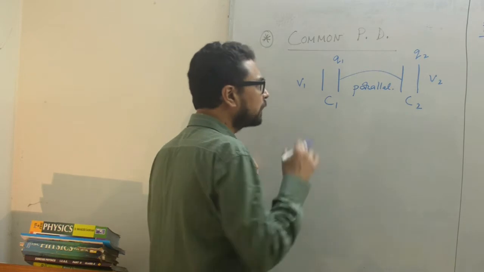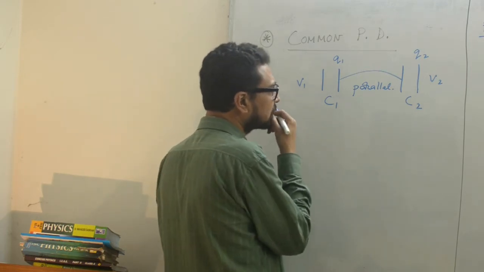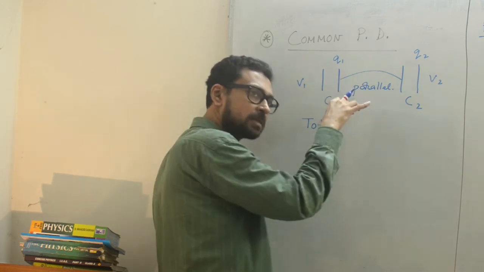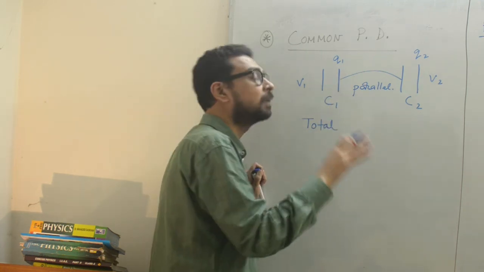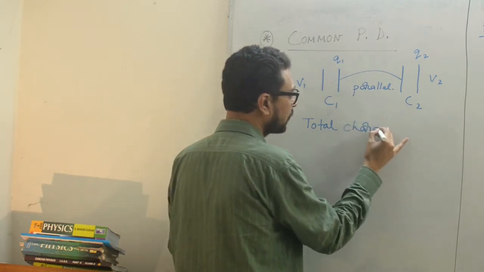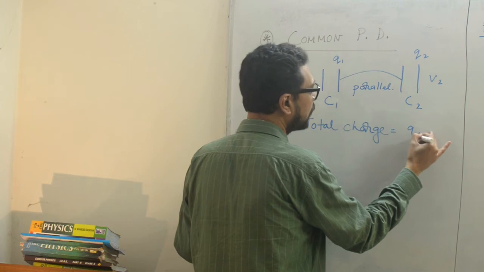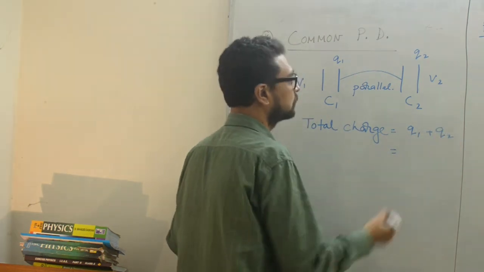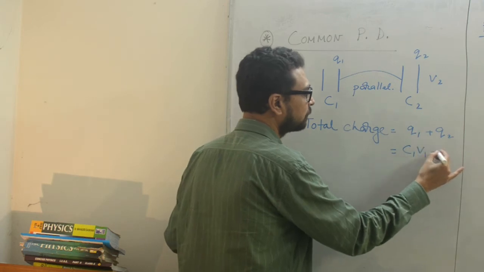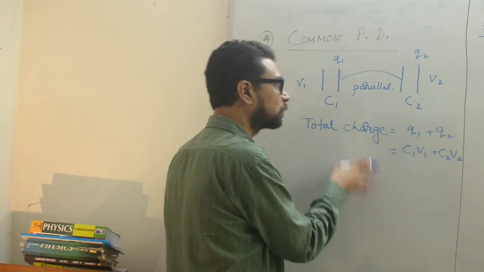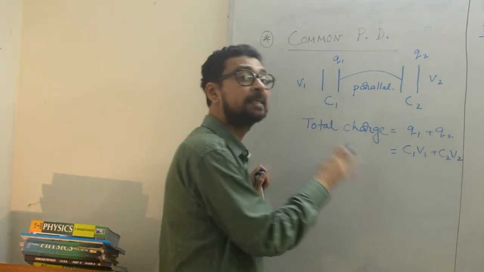Initially we have to find out what the total charge is that is going to remain within the system, if we assume there is no energy loss, no heat loss, nothing. So the total charge here is Q1 plus Q2, and that is equal to C1 V1 plus C2 V2. This was the initial charge, or the total charge that will remain within the system.